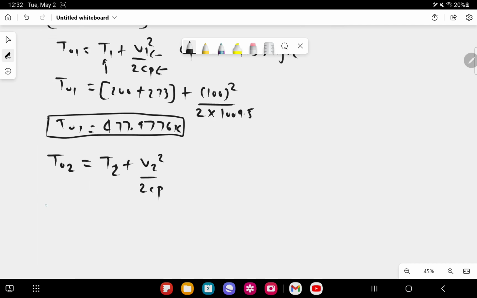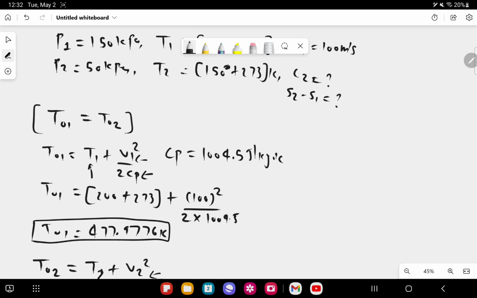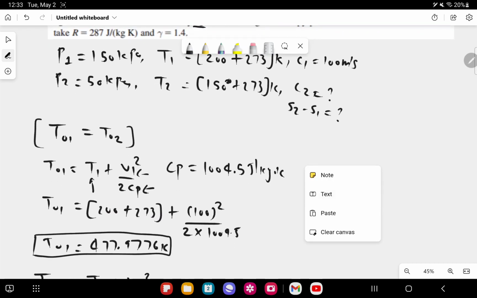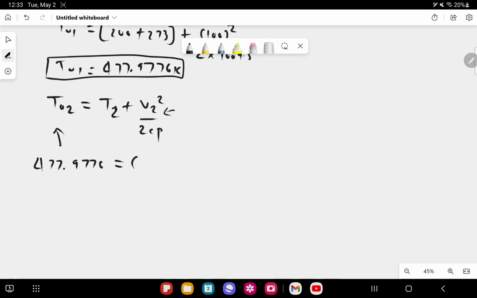So let's substitute the value of T02, and the value of T2 and Cp, in order to calculate the value of V2. So T02 is equal to 477.9776. T2, according to the problem statement, is 150 plus 273, plus V2 square, which we are currently finding, over 2 times Cp, which is 1004.5.